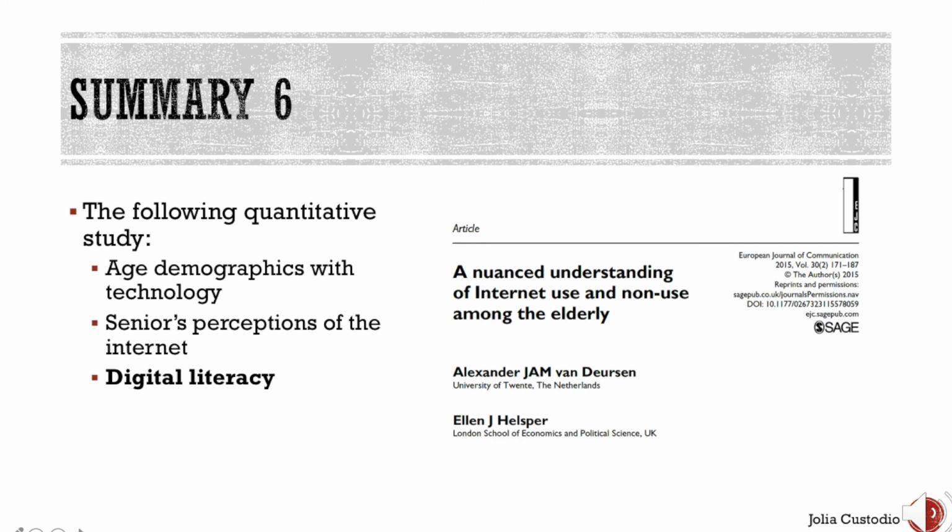Furthermore, another study similarly carries elements to that of the previous one. This study, done by Van Deursen and Helsper, looked at European seniors compared to Canadian seniors, but it still retains similar themes which we will see here.